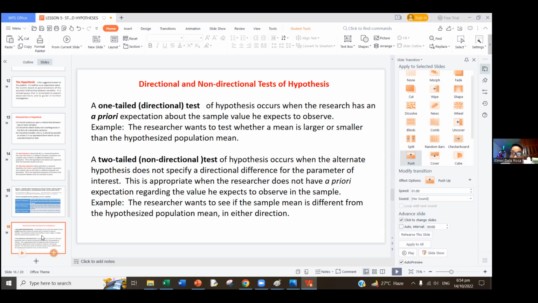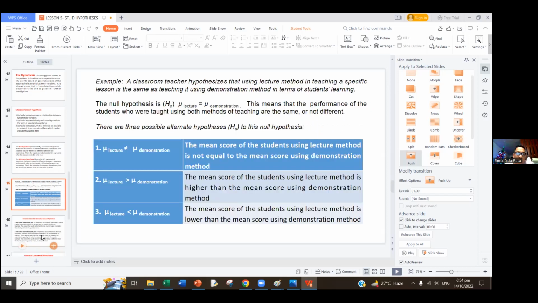Kung yung hypothesis mo daw ay hindi mo alam kung anong direksyon yung difference. Is it on the right or on the left of the curve? So when you don't have a priori expectation regarding the value to expect, then you use the two-tailed. So dito sa example natin, ang two-tailed ay yung number 1. In either direction kasi ito eh. Lecture could be better than demo. Demo could be better than lecture. So ang sabi mo, they are not equal. Okay?